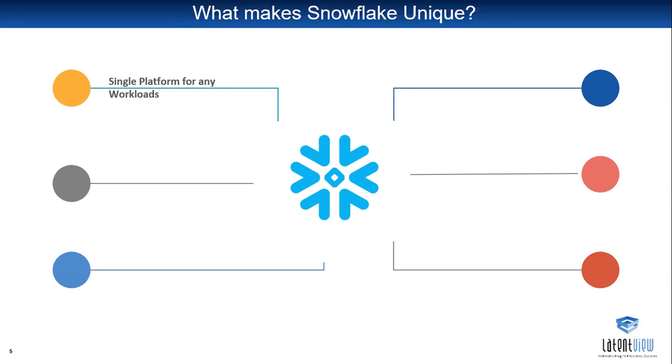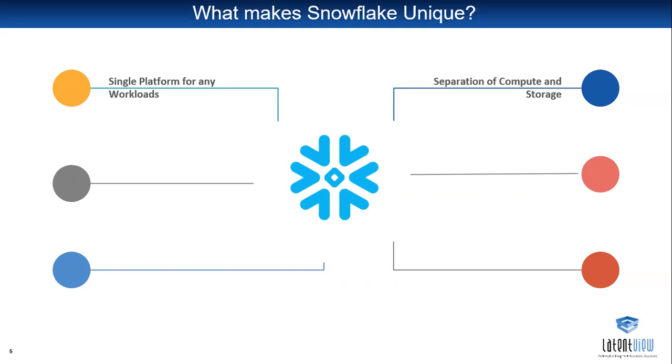Because we have to have data pipelines before that to do all the transformations, and then store the data in the data warehouse for reporting. But here you can do your transformations inside Snowflake itself, even by connecting to the stage environment to bring in the data, which you'll see later. And this is a single platform, as I said.